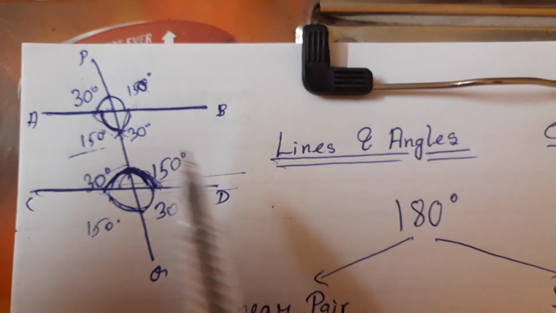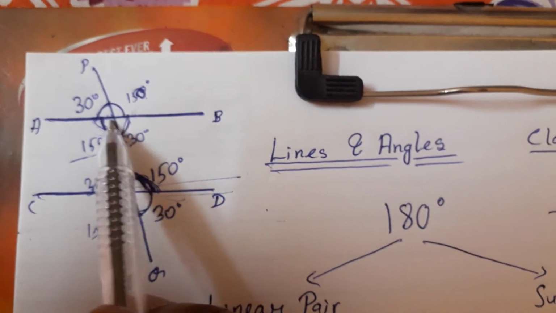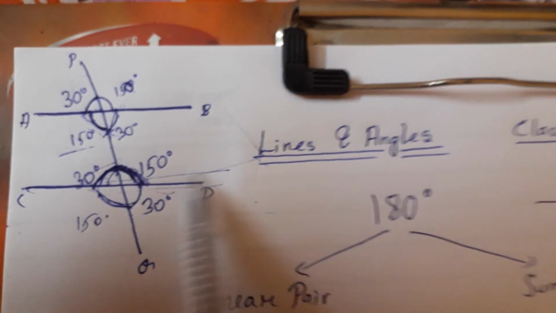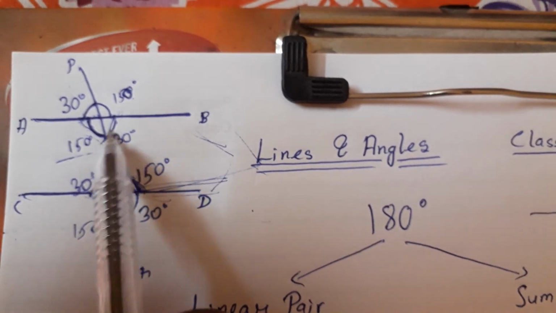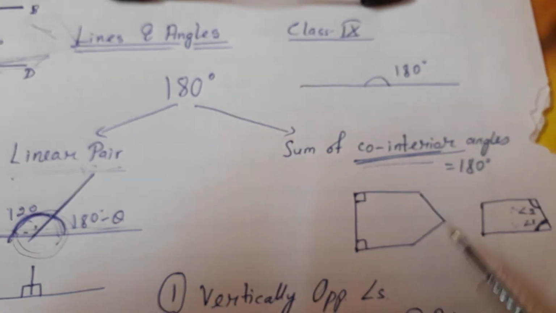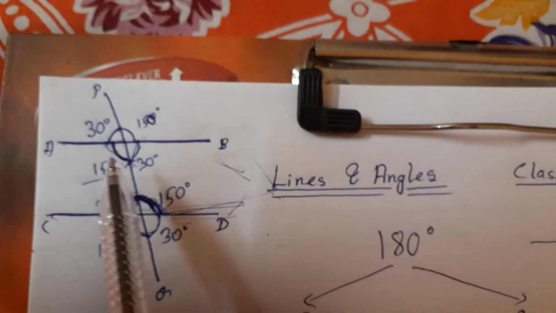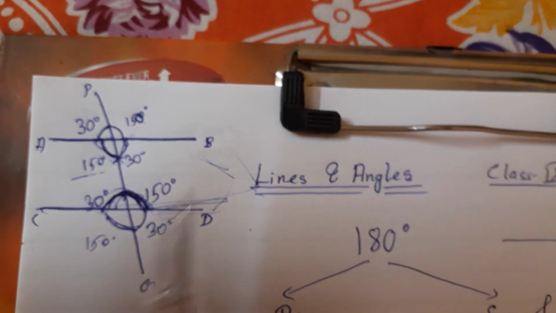Now see, here lies the concept of the sum of co-interior angles. Suppose this is a quadrilateral, then the sum of co-interior angles will be 180 degrees, as I have already said. So if this angle is 30, then this angle will automatically become 150.